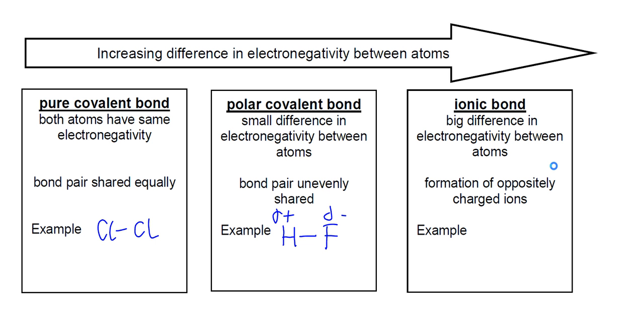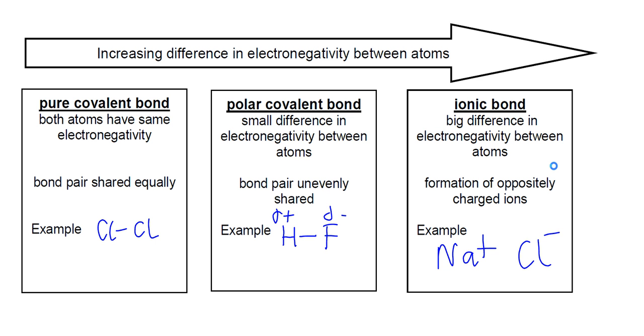So what's ionic bonding then? The difference in electronegativity between the two atoms is so great that one of the atoms doesn't just pull the bond pair a little bit towards itself, it pulls it entirely off and onto itself, so that one of the atoms doesn't have any of the bond pair, whereas the other atom has entirely got the bond pair. And you end up with oppositely charged ions.